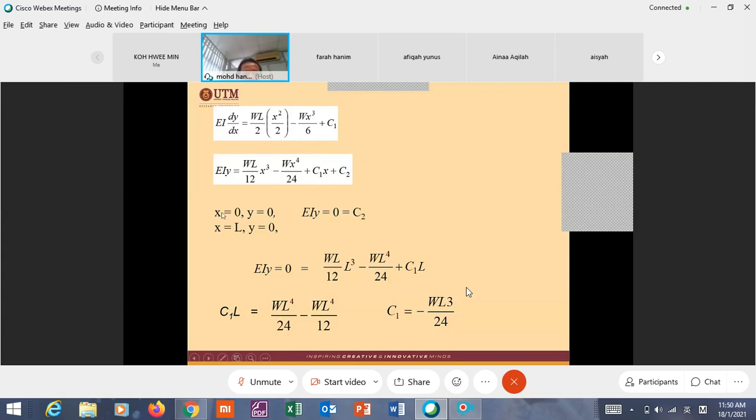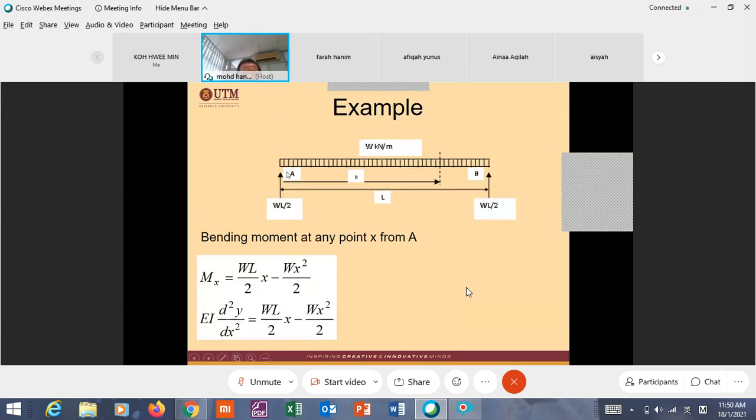What are the boundary conditions? At x equal to 0, y equal to 0, and at x equal to L, at B, y also equal to 0. And for this symmetrical loading and deflection, we also know that at midspan dy/dx equal to 0.